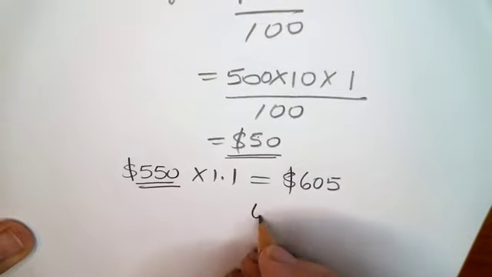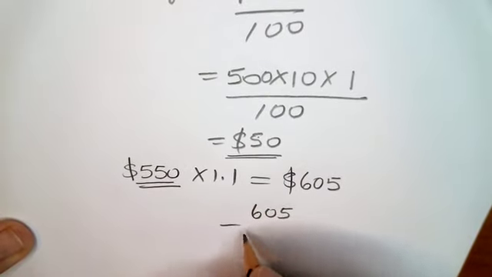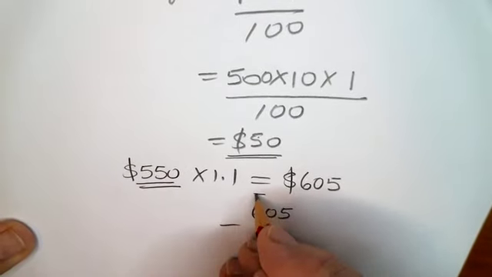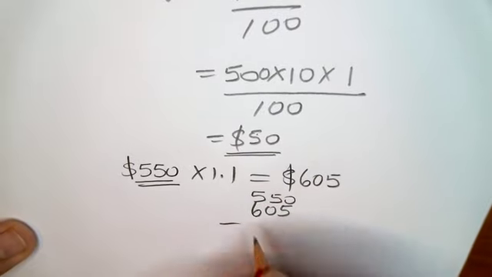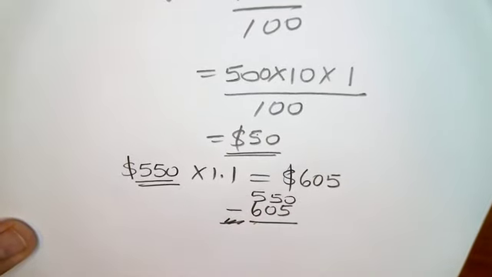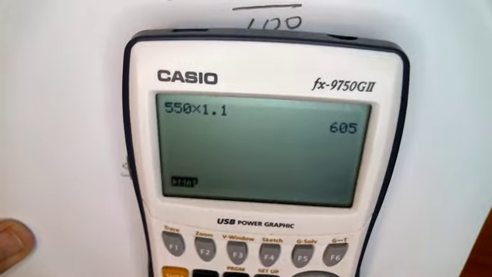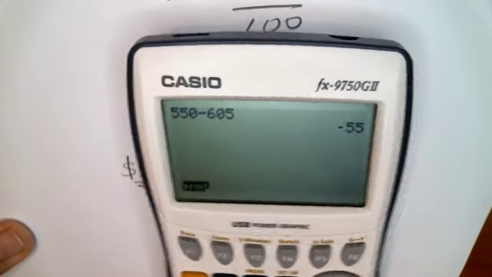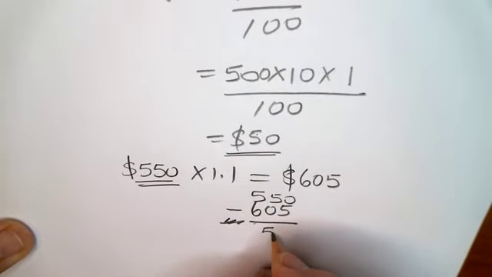So you could say 605 minus the, let's do the other way around, 550 minus the 605, I'll do it like that. And let's subtract those two and have a look. So you've got 550 minus the 605, and it's $55. So the interest earned in the second year is $55.